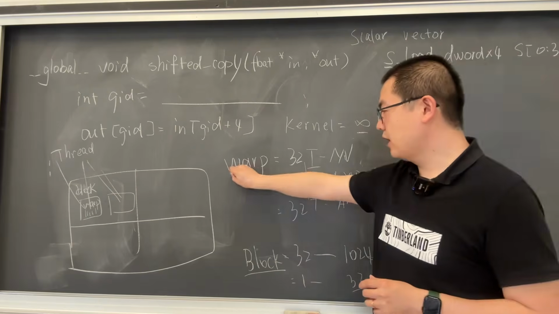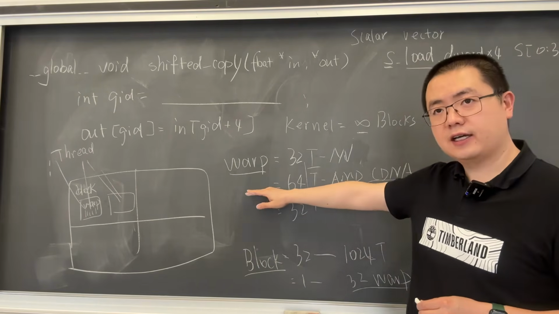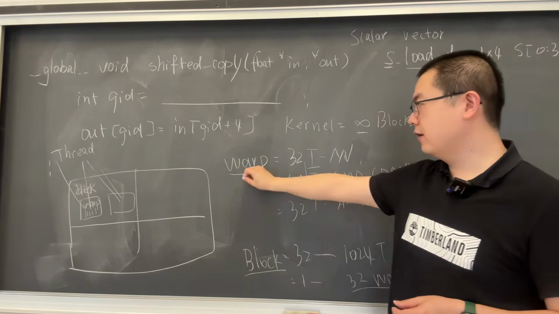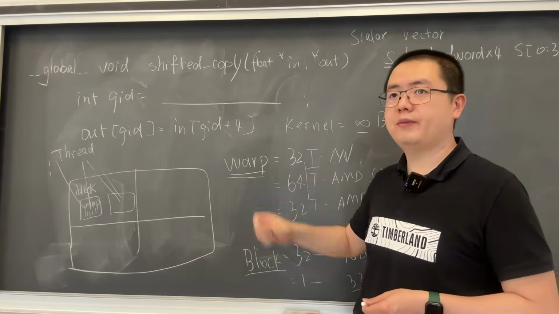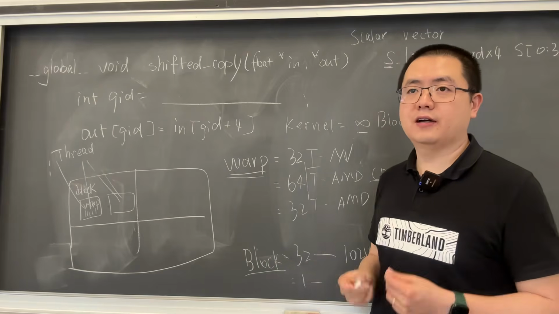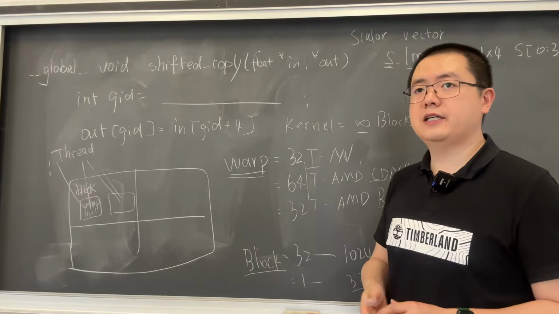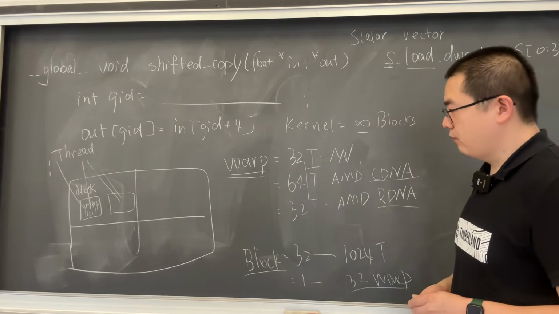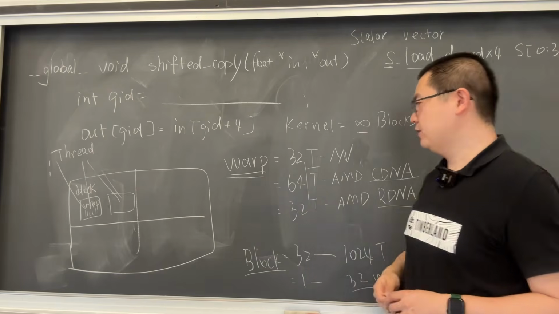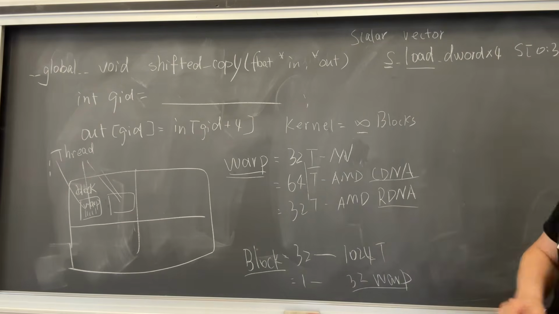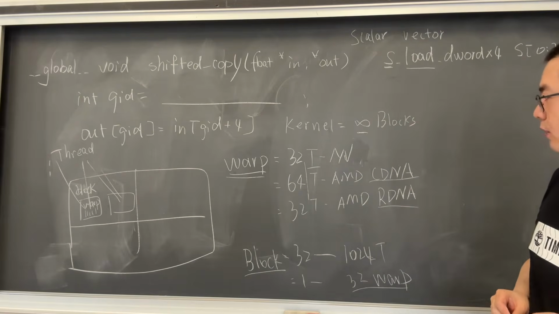But this idea of warp is only added at this stage. So warp is not something a programmer should be constantly aware of; it's only at the microarchitecture or implementation level. Sometimes a programmer needs to be aware of it for performance tuning, but it's not that important when you write a program.